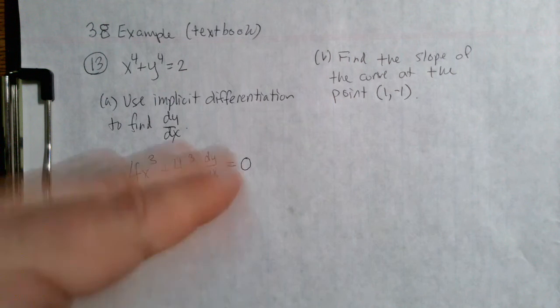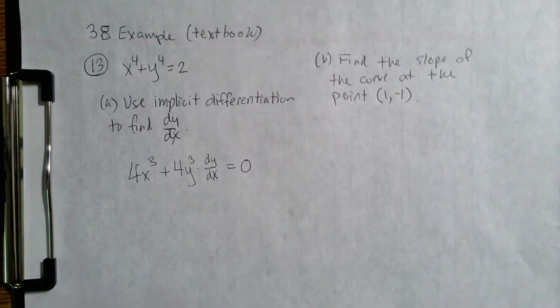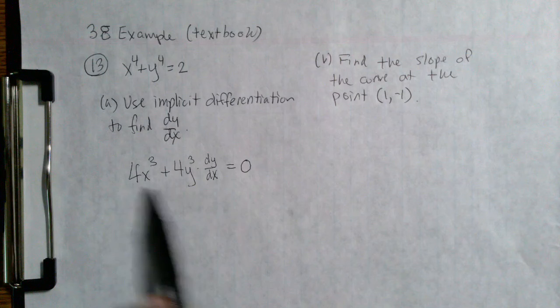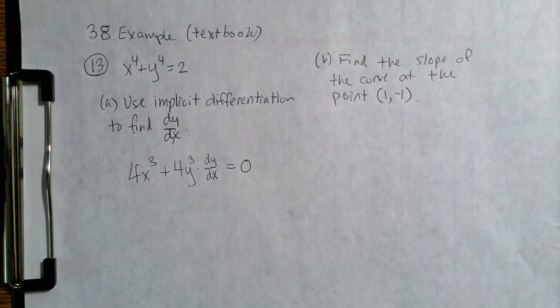So in an implicit differentiation problem, we're always looking for this dy dx. We take the derivative of both sides. This is what we got in this case. Now we want to solve for dy dx, and this is the algebra part of the problem.